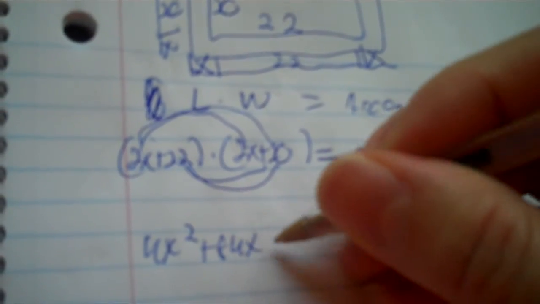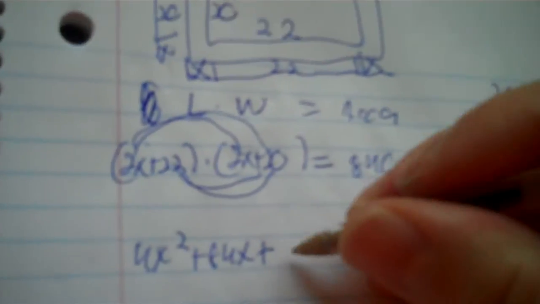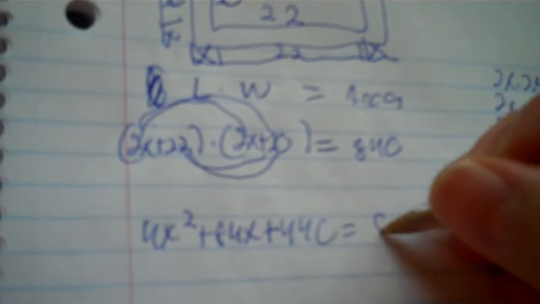So it's 4x to the second. Remember, x times x is x to the second. 2 times 20 is 40 with an x. 22 times 2 is 44 with an x. So these two will be added, and then that's 440. So you have 4x to the second plus 84x, that's what that adds to, plus 440 equals 840.